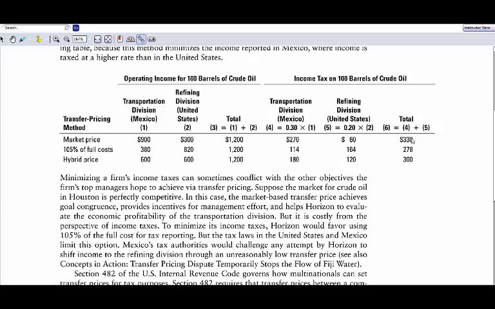The goal of this APA program with the taxing authorities is to avoid costly transfer pricing disputes. Again, we're talking about lots and lots of time in court, lots and lots of legal fees and CPA fees. And so these corporations want to head that off at the pass if at all possible. So they work on these APA programs and try to get approval in advance for their transfer pricing method.